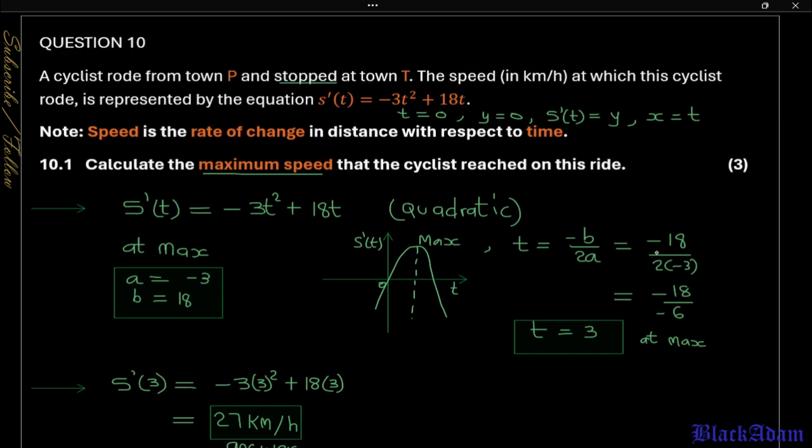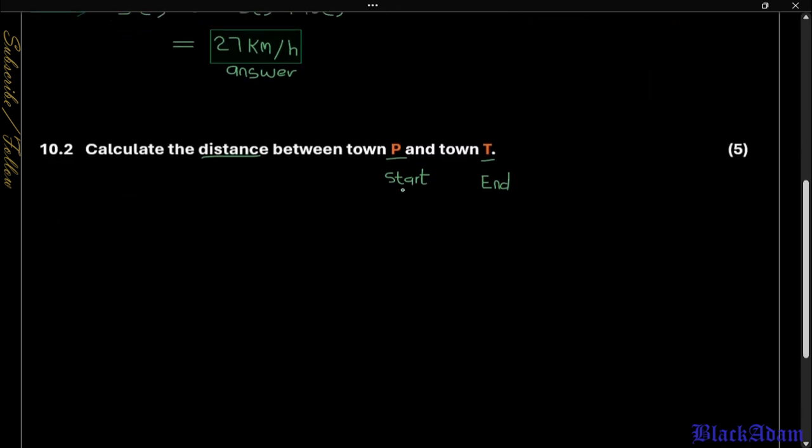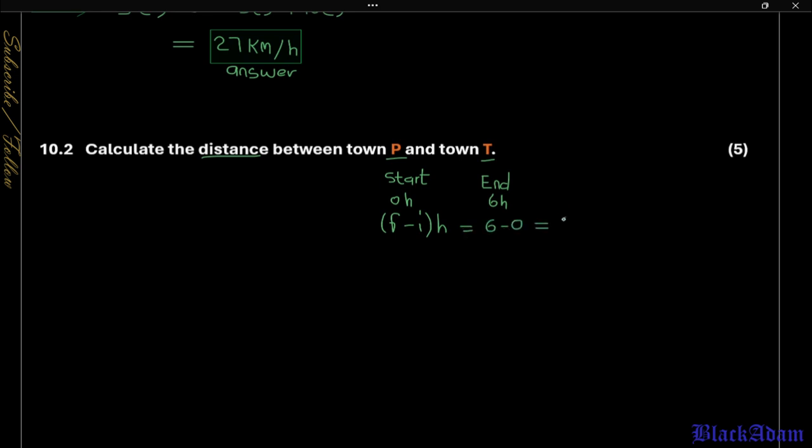The speed was 0 at the start and t is 3 at max, and it's symmetrical, so it's time 0 hour up to 6 hour. Final minus initial, that's the change in time, 6 minus 0, so that's going to be 6 hour.